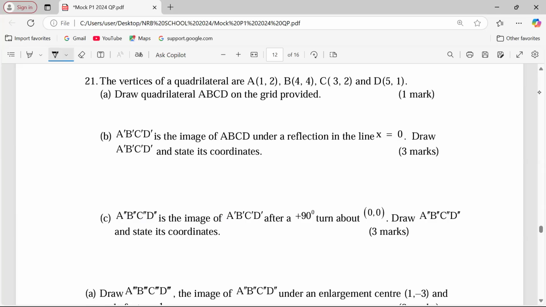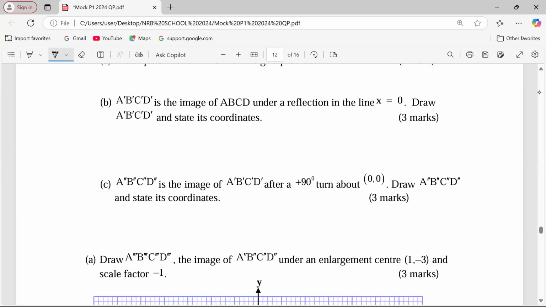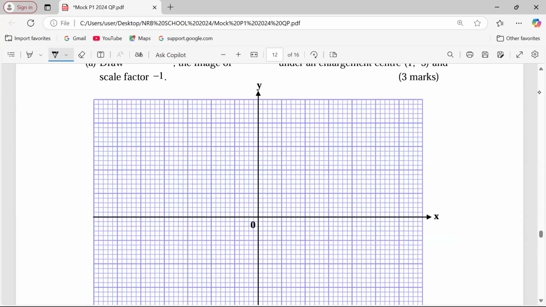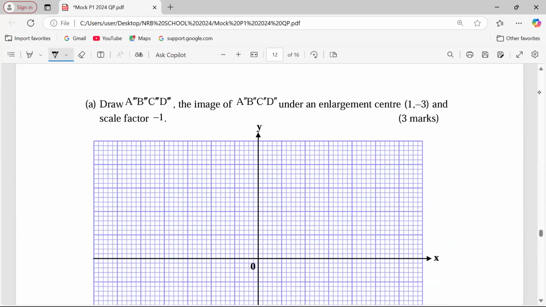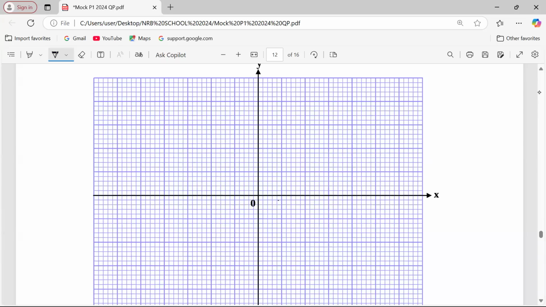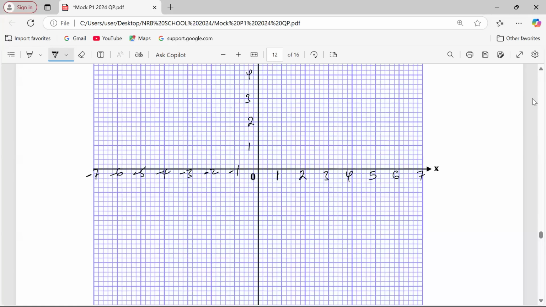So let's begin by drawing 1, 2. Let me first label the Cartesian plane. So I'm having 1, 2, 3, 4, 5, 6, 7. 1, 2, 3, 4, 5. -1, -2, -3, -4, -5, -6, -7 that way.